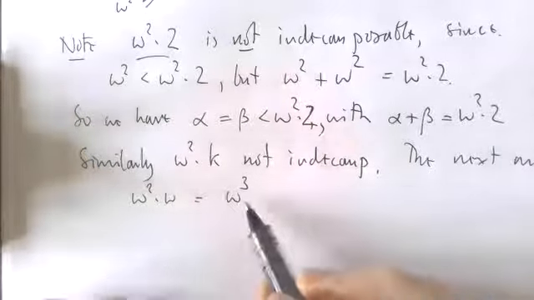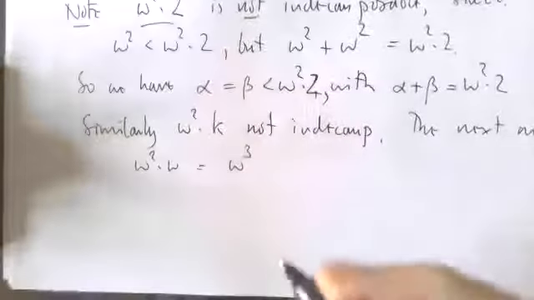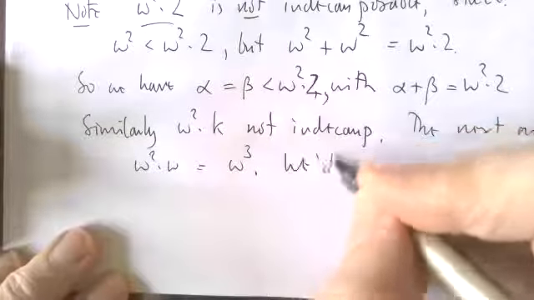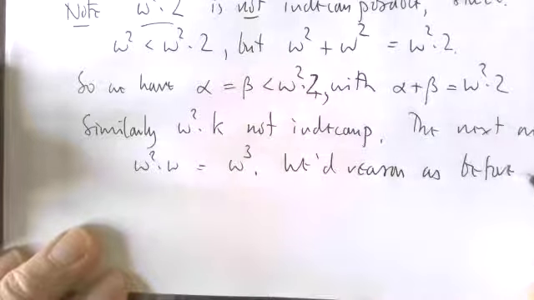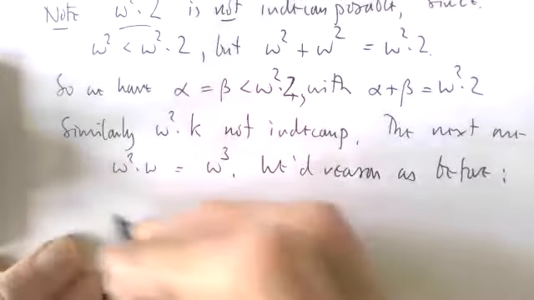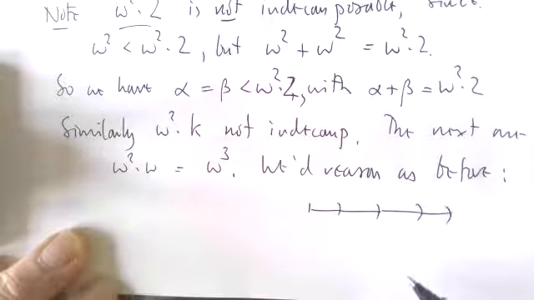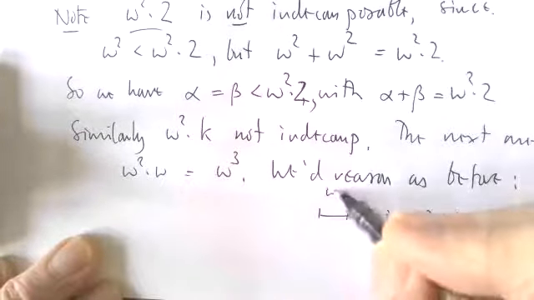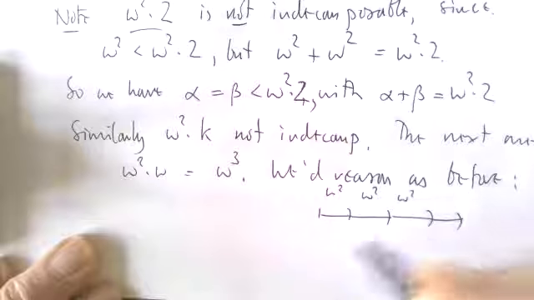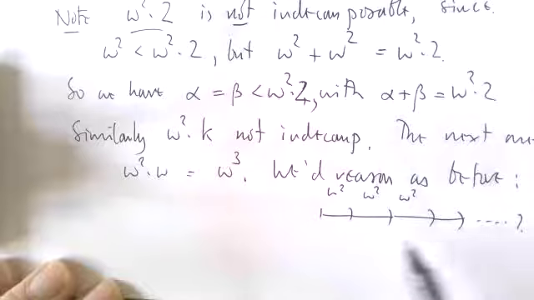And now, if you have something that's less than omega cubed, it falls in some omega squared block. So we reason as before. I'd use the same picture here. I've got omega blocks of, now each picture here is omega squared. So this is my picture of omega cubed, omega lots of omega squared.